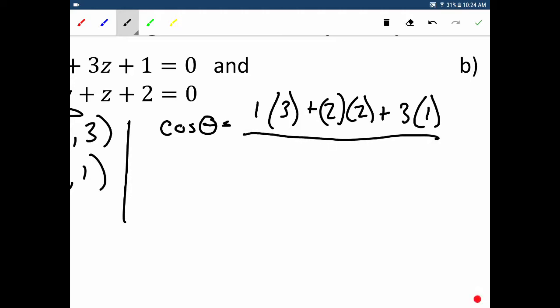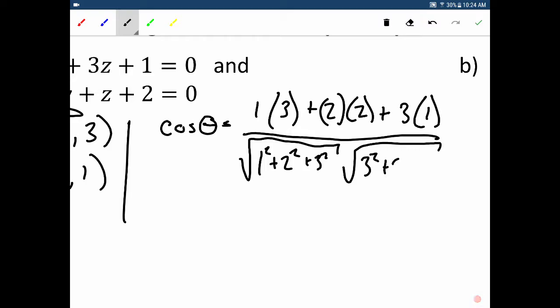And then we divide by the magnitudes. So we have the square root of 1 squared plus 2 squared plus 3 squared times the square root of 3 squared plus 2 squared plus 1 squared. And so that works out to be 10 over 14.